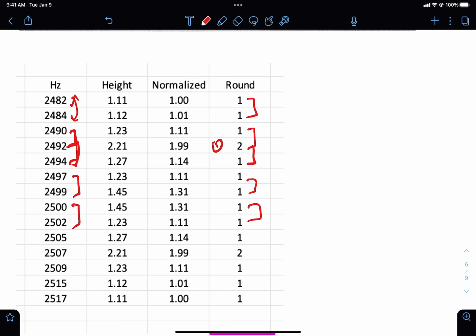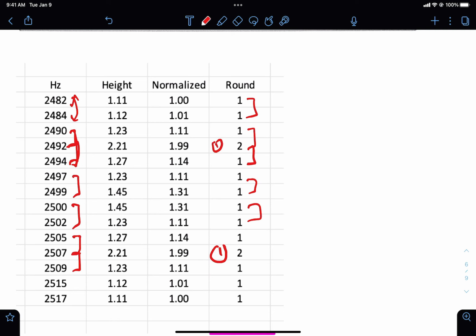We have 2505 to 2507. But that's 1 to 2. But the 2507 is also a doublet with the 2509. So that 2 again is also really a 1. It appears as a 2 because it's 2 doublets overlapping, 2 1s that are overlapping.